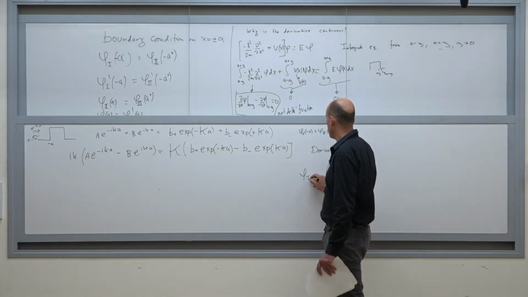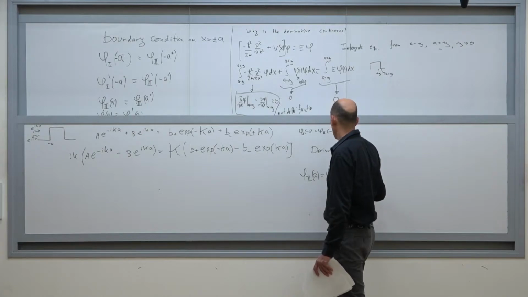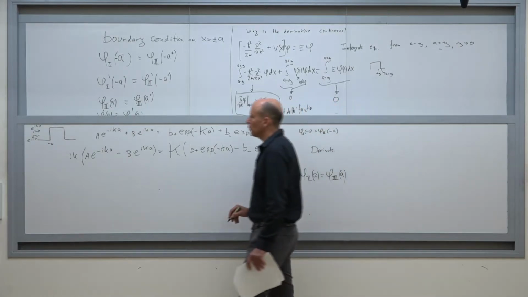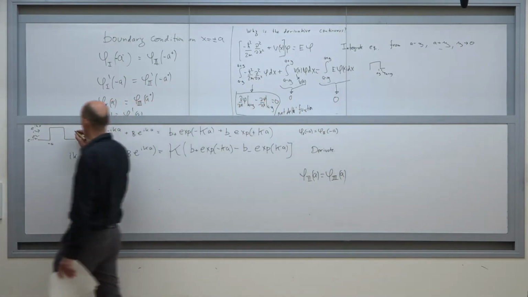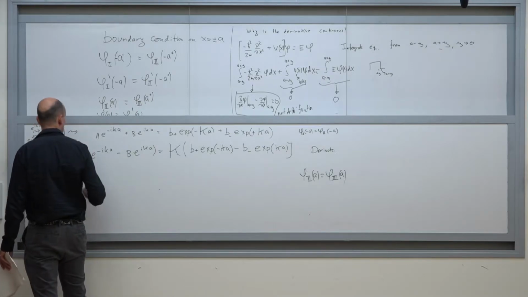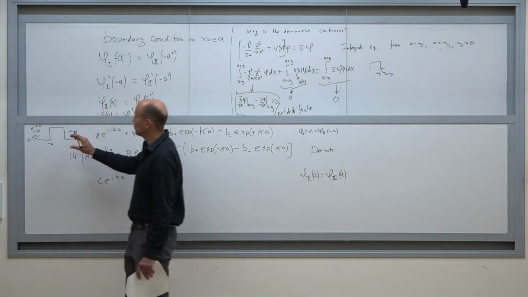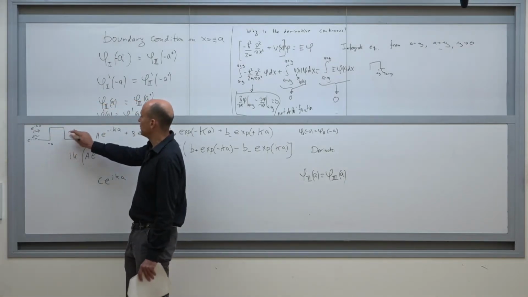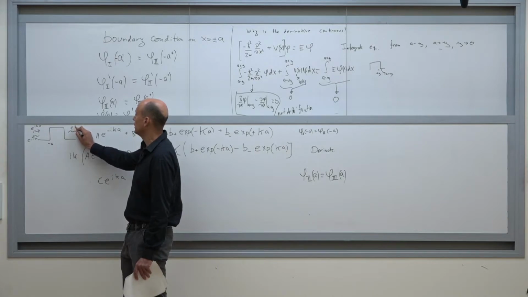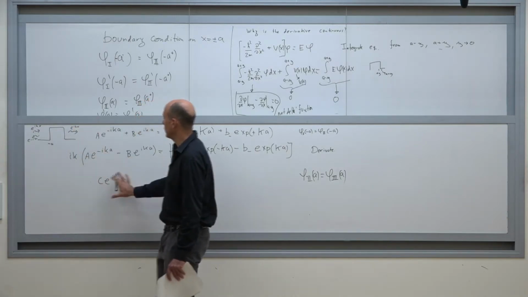Then I have region 2a, continuity of the wave function. It's somewhat nicer because out here I have only one wave. So I have C e^{ika}. This was because I have plus a and this was e^{ikx}. So just plug in a.